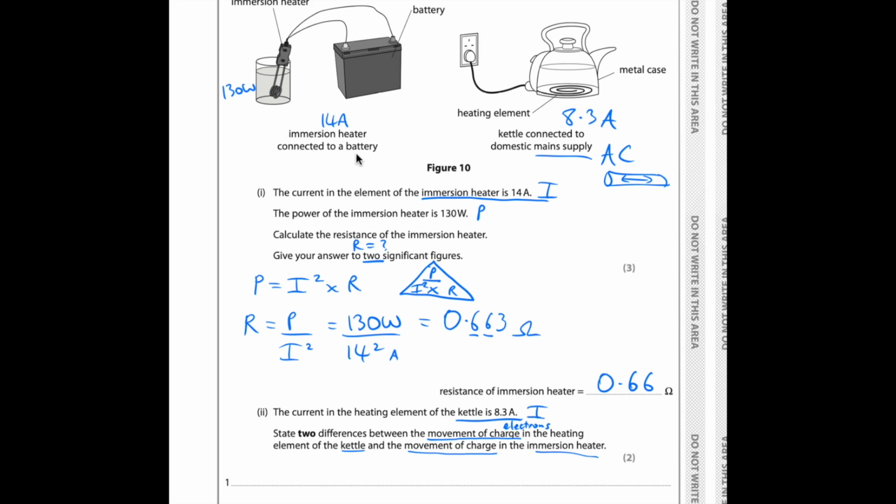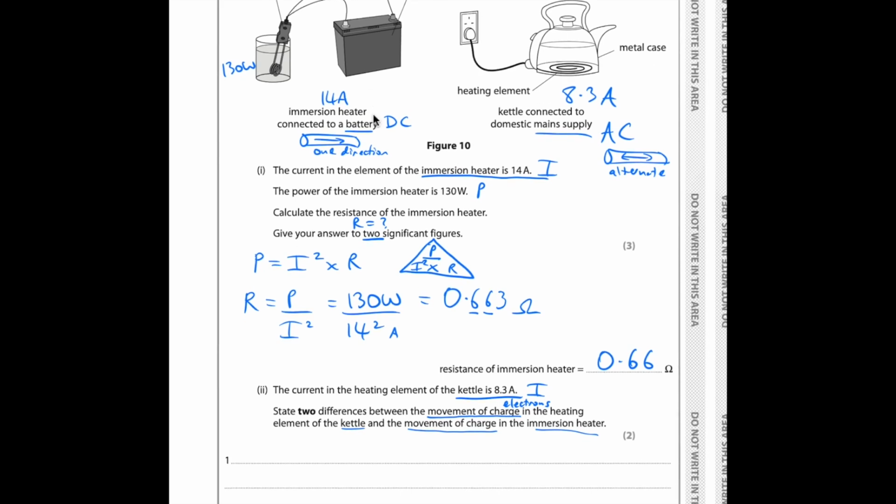The immersion heater is a battery which is DC, so the electrons just flow in one direction. And if the current's only 8.3 amps, that means that it's going to be a lower amount of charge flowing per second compared to the battery, which will have a higher amount of charge or electrons flowing per second.